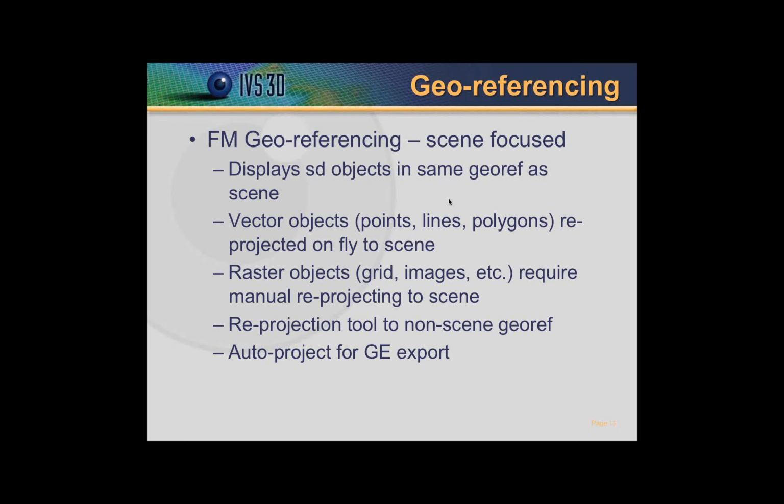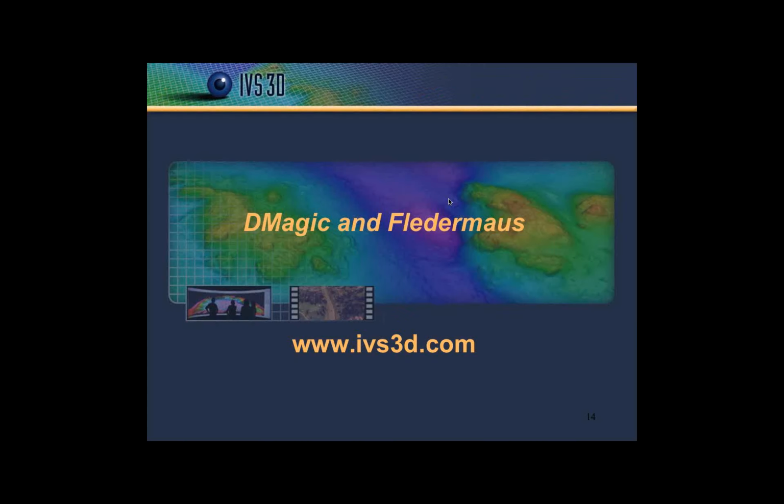In addition, when we export surface objects to Google Earth, it doesn't matter what georeferencing system you're in, they automatically get reprojected into the Google Earth WGS84 coordinate system. So you don't have to worry about going back, complicatedly saving something and then exporting it out.